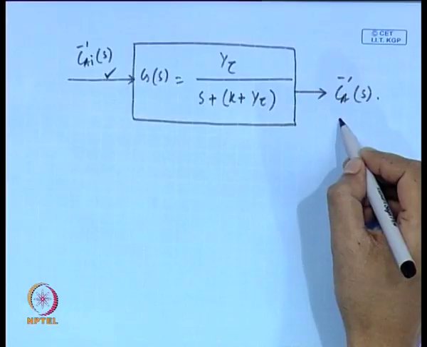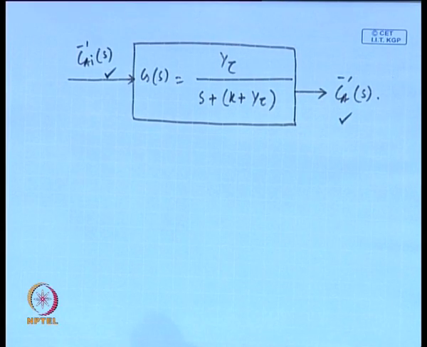Fine. So, this block diagram is represented in terms of concentration, not in terms of flow rates, because we have already assumed the volume of the reactor is constant. So, this is the input concentration CAi and this is the output concentration. So, this is the block diagram for the example CSTR.